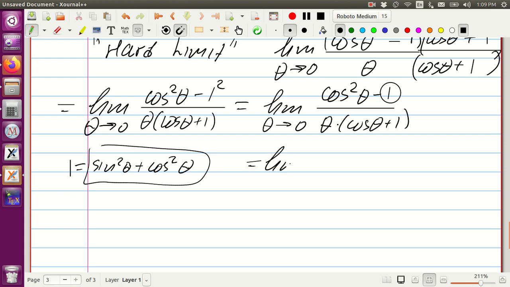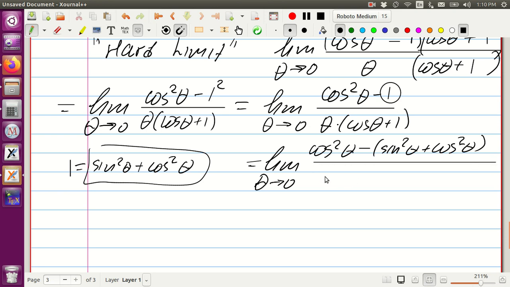So we have the limit as theta goes to 0 of cosine squared of theta minus parenthesis sine squared of theta plus cosine squared of theta. Again, instead of 1, we plug in the quantity.